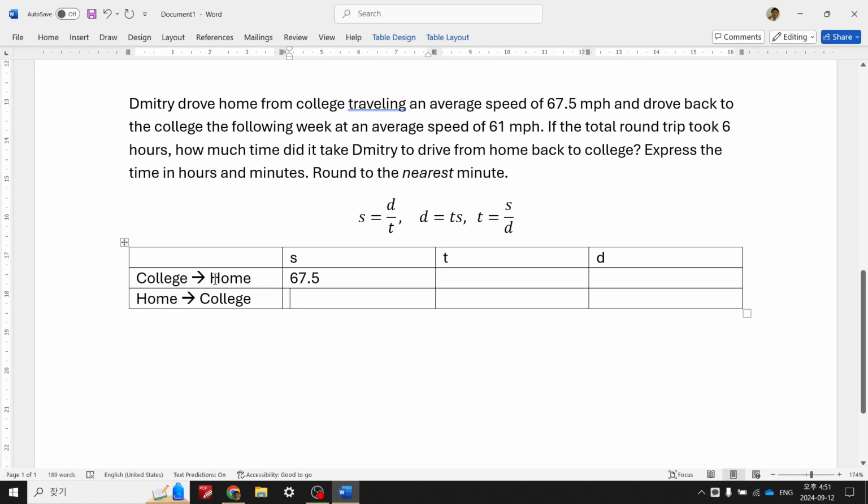Okay, so the first part of the story is that we're going from college to home. That's what's happening, right? Okay, so college to home, we are going at 67.5 miles per hour, and then what's the time? We don't know. So what do we do? We put x.